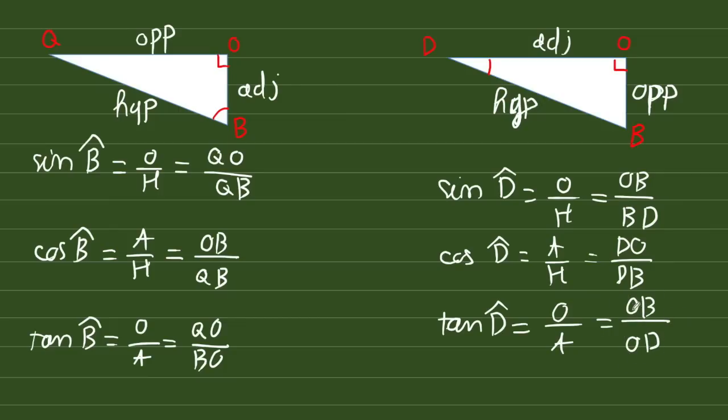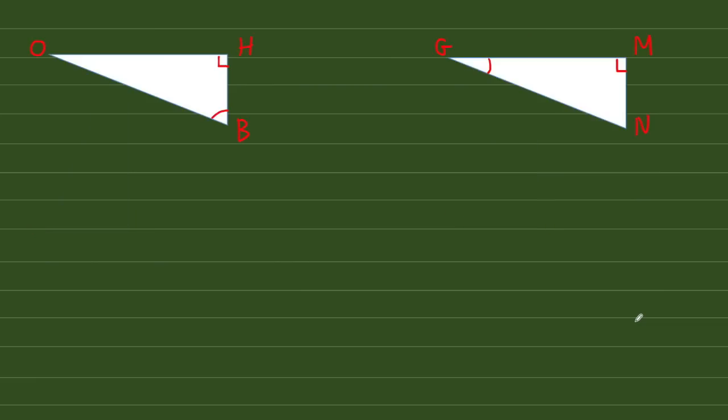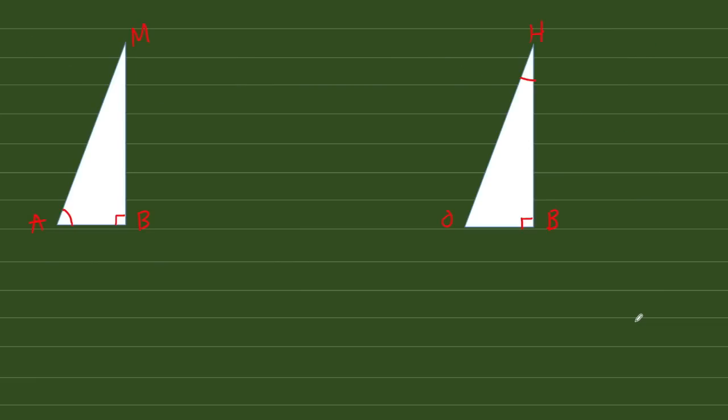Okay, that's question 4. For the last one, I will do it a little bit quicker. Sine A is opposite divided by hypotenuse. Opposite is MB, and hypotenuse is AM.